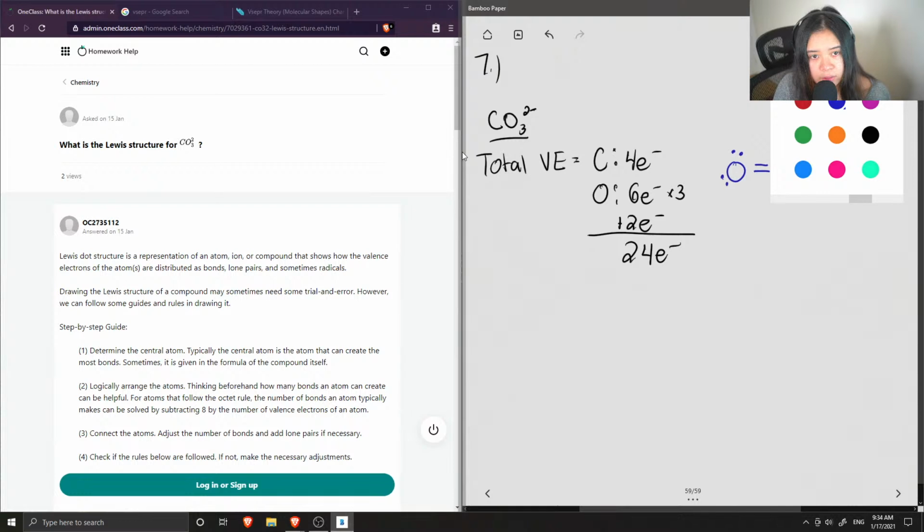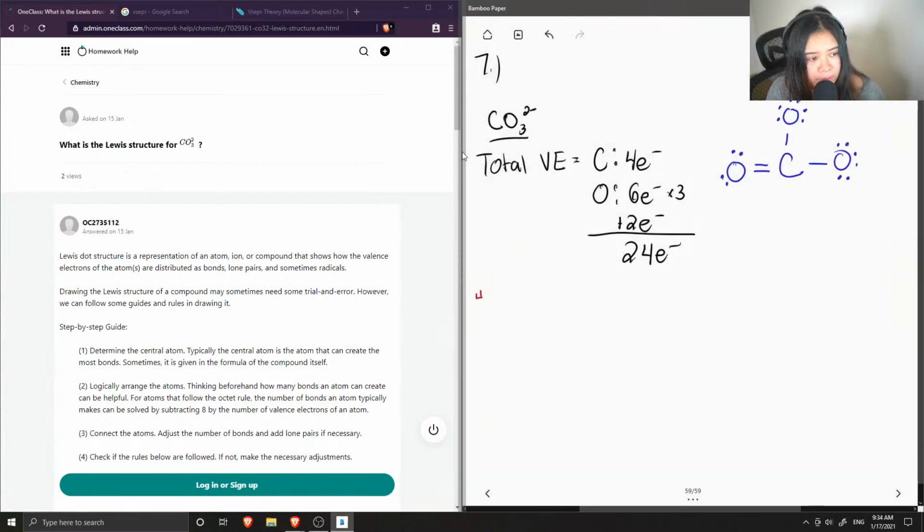So it looks correct, but to double check, we can calculate the formal charge of each of the atoms, to see if the sum of the formal charges is going to equal -2, since the overall ion has a -2 charge.